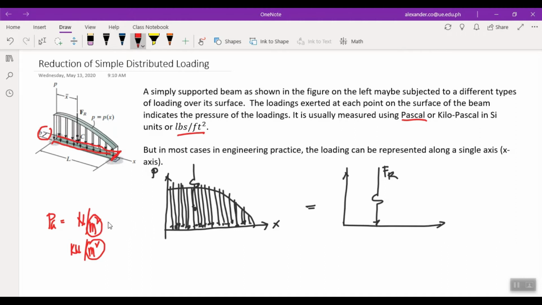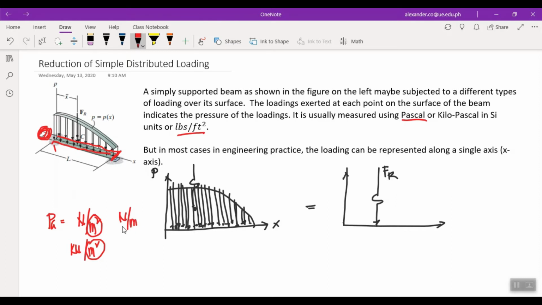It's no longer an area, but some other kind of unit, like pounds per foot. So it's no longer Pascal. I forgot the term, sorry. What happens is the force now, you remove one meter, and we consider the width to be a constant value, so it becomes Newton per meter.